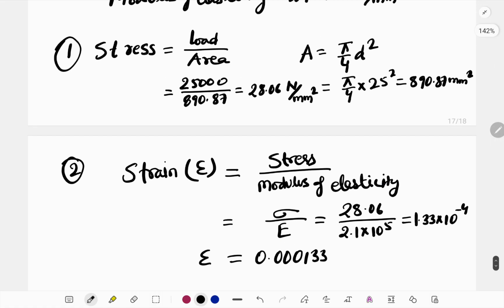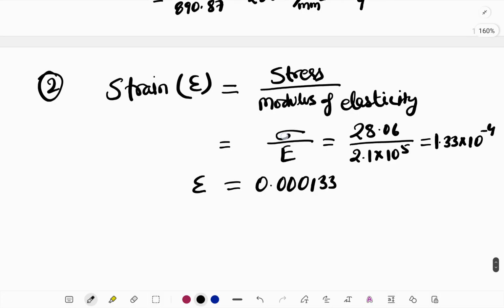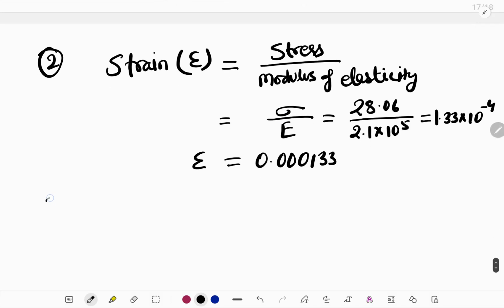Next calculation, the third, is elongation. What is the elongation in the solid member? Strain is equal to change in length divided by original length, so we have to calculate the change in length.